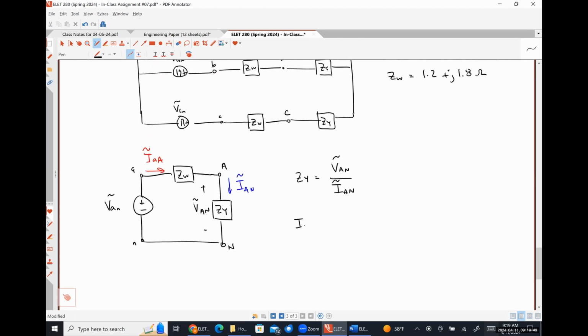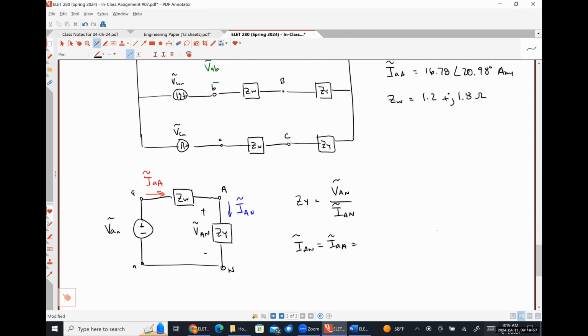So IAN is equal to IAA, which is 16.78 angle 20.98 degrees amps RMS. Okay. So we've got one of our two pieces of missing information taken care of already. So we're off to a good start.